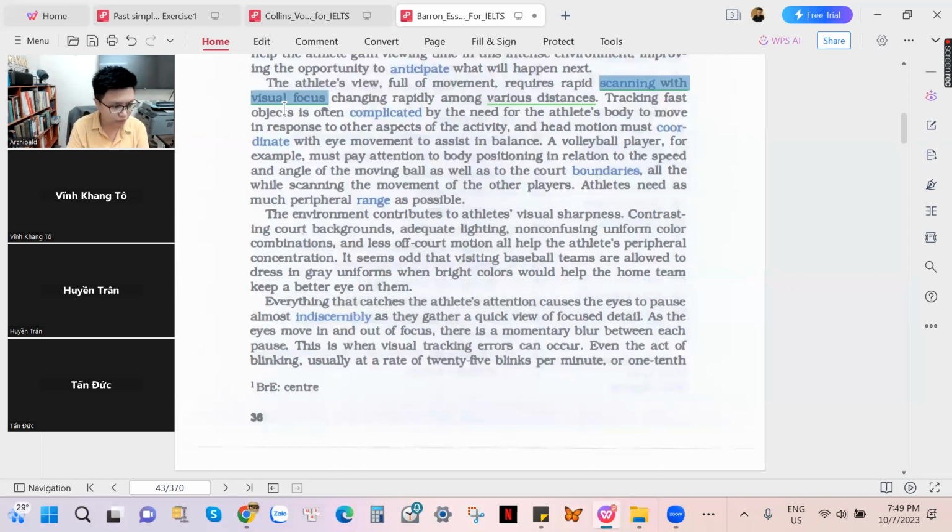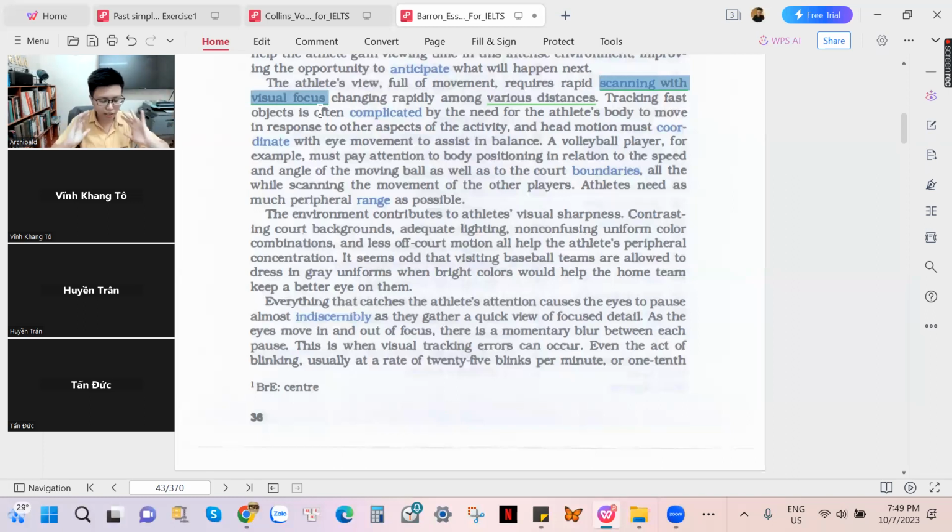So we have two ways of focus. The first way of focus is visual focus. What is visual focus? You use your eyes to see things, and when your eyes are aiming at the target, your brain is going to work on the target. It's like you focus your brain on what you see. It's not that you focus your ears on what you hear.